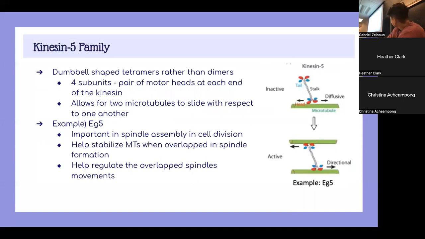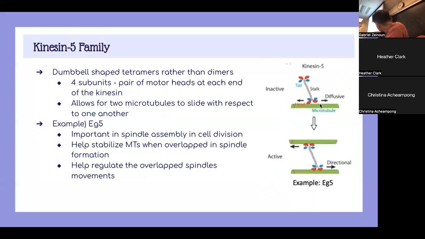Kinesin 5 family is a dumbbell-shaped tetramer rather than a dimer. First, it's got 4 subunits. The other ones usually had a pair at the bottom and a pair at the top, and depending on whether they were in the inactive or active state, some of them changed to a monomer.